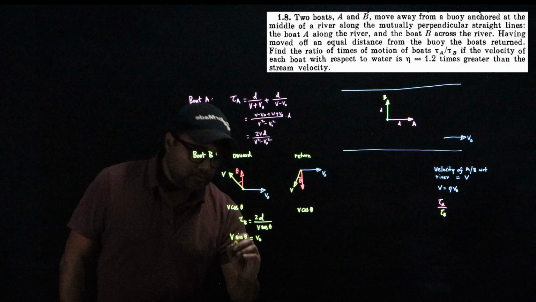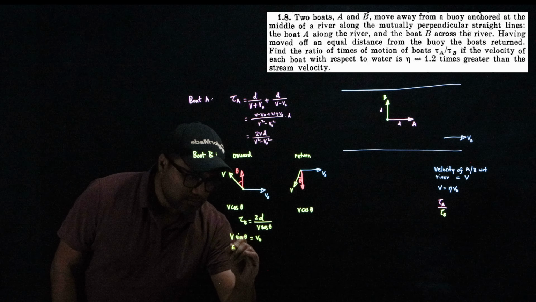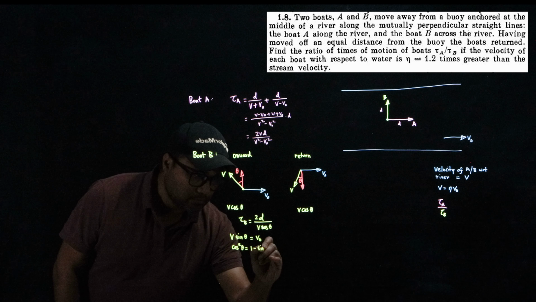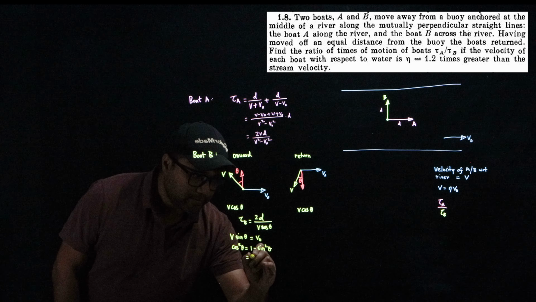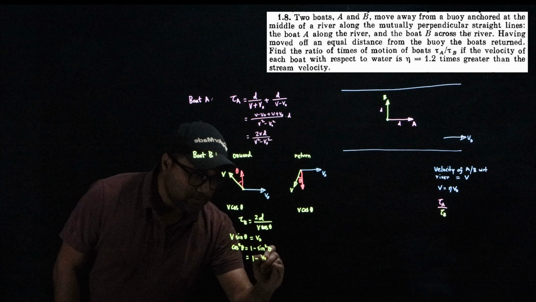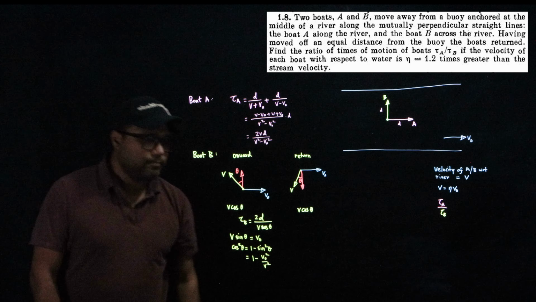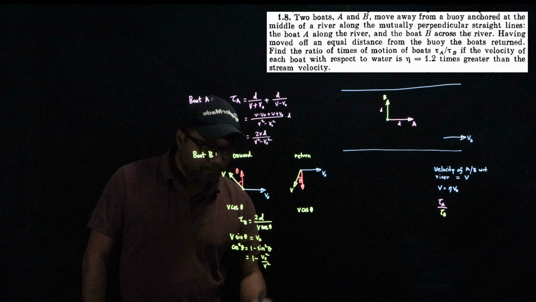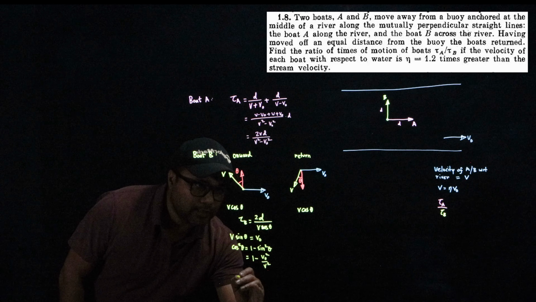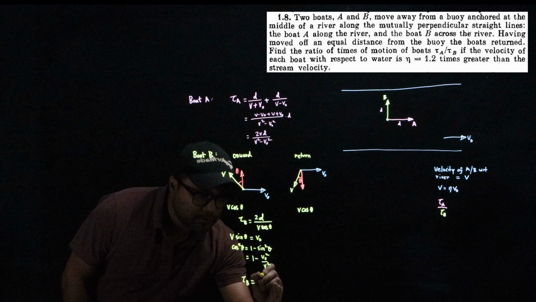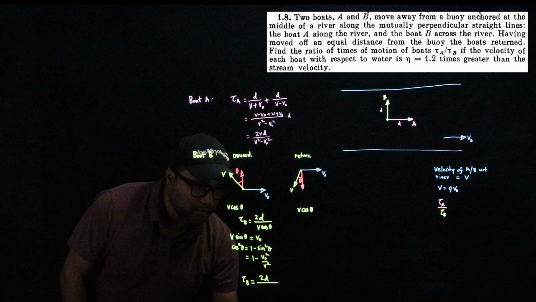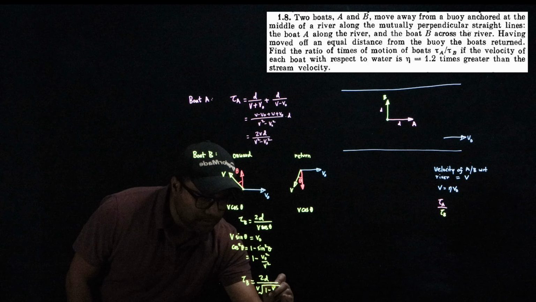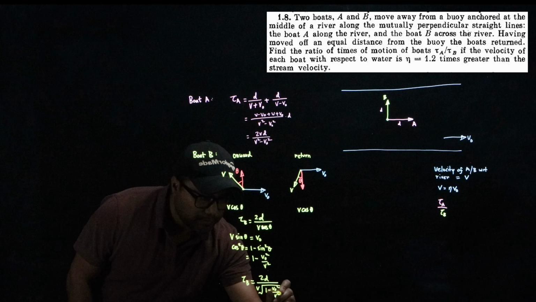So from this, sin theta is v0 by v, so cos square theta is 1 minus sin square theta, or we can write 1 minus v0 square by v square. So cos theta will be the root of that. So tau B, if I expand it, is 2d divided by v root of 1 minus v0 square by v square.